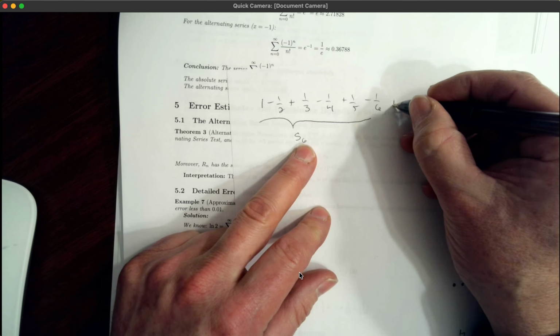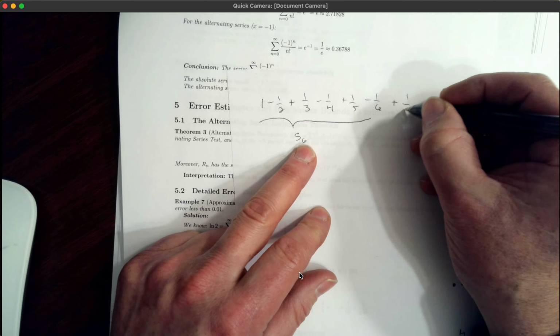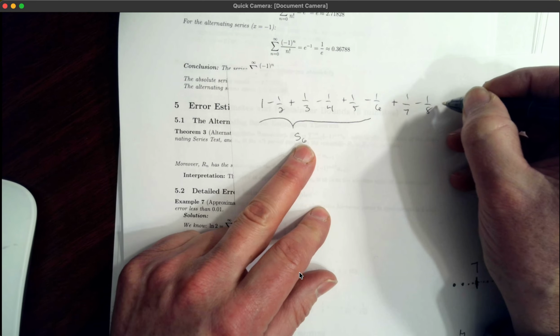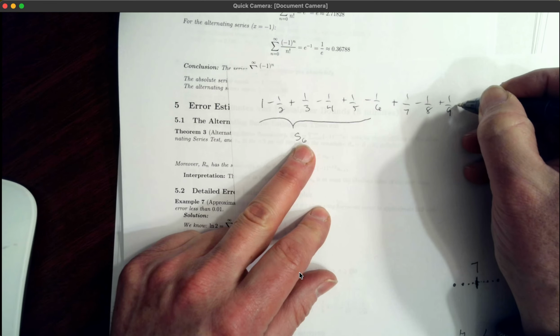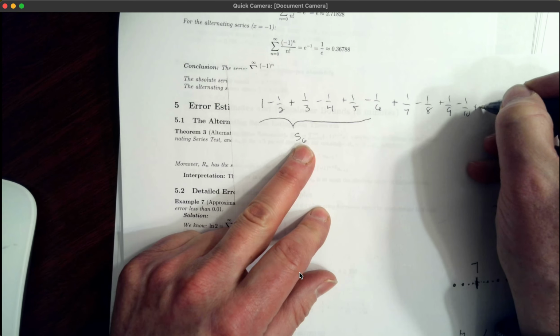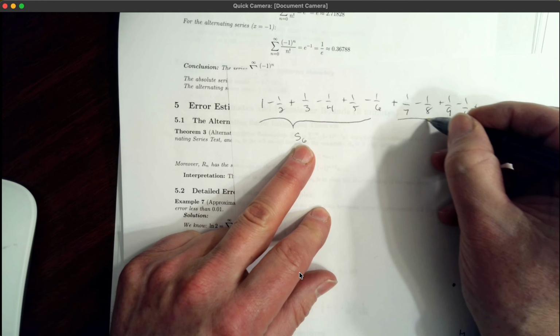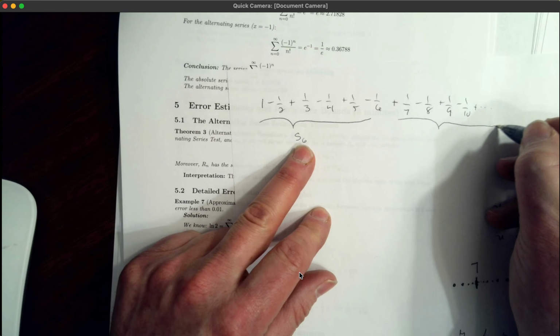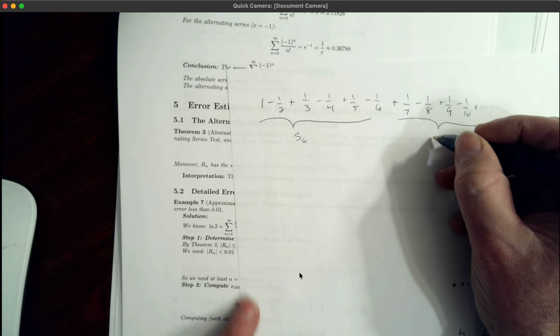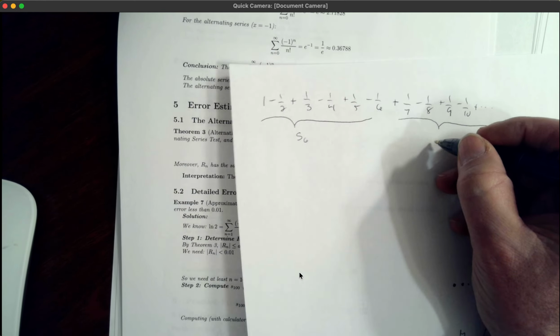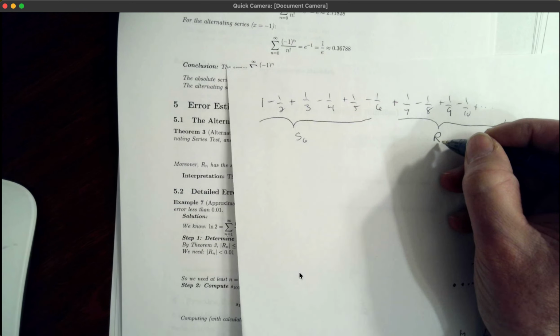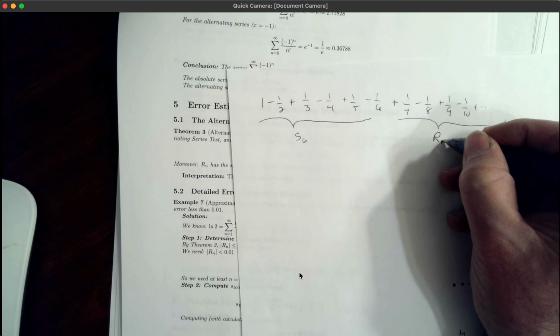Now we know that there's a lot more terms, right? 1 over 7 minus 1 over 8 plus 1 over 9 minus 1 over 10, and I'll put dots here. So these terms here, there's infinitely many of them. This is a tail. This is called the nth remainder, r sub n.